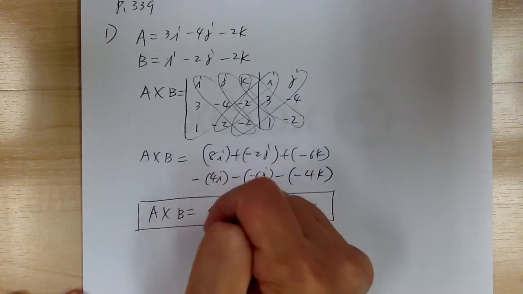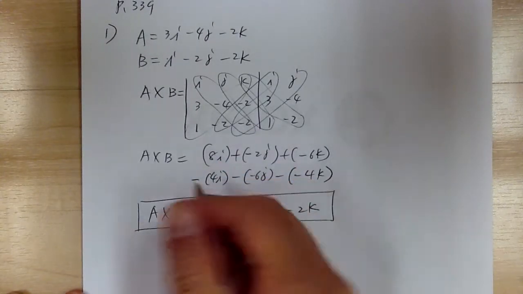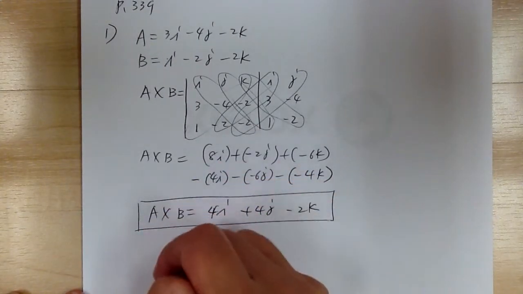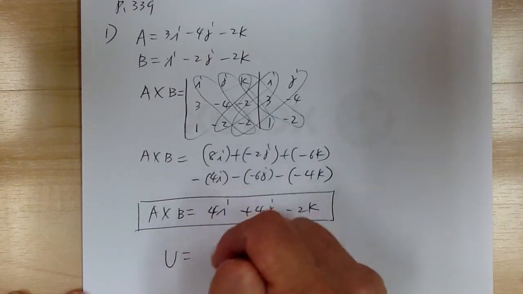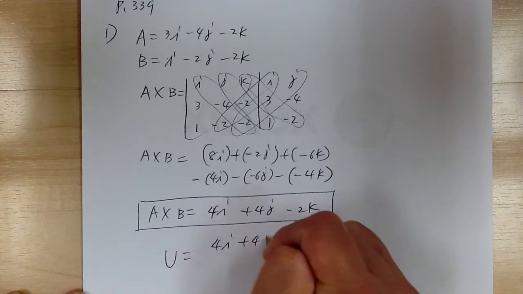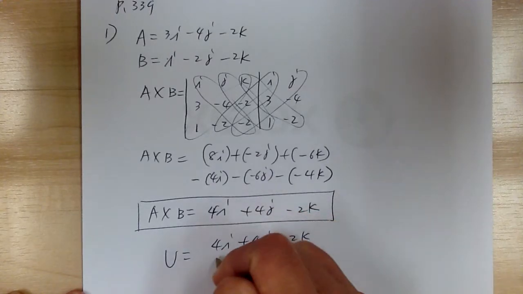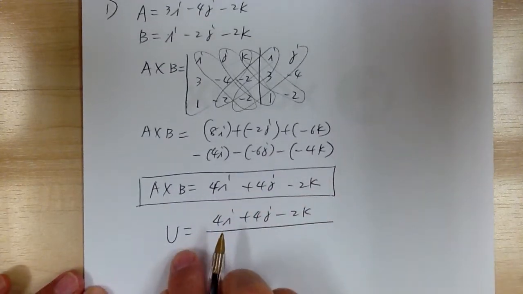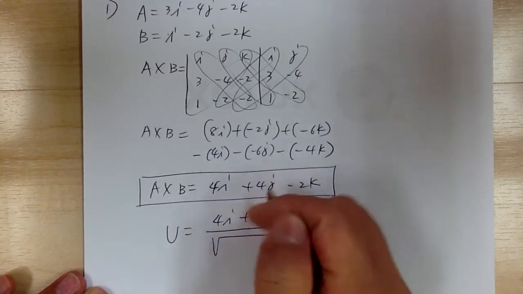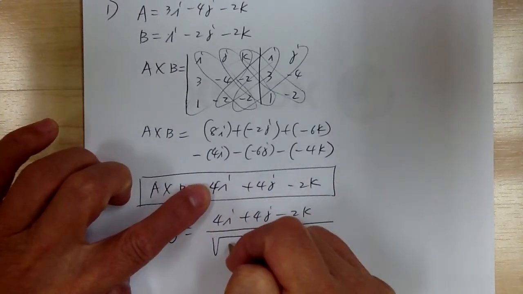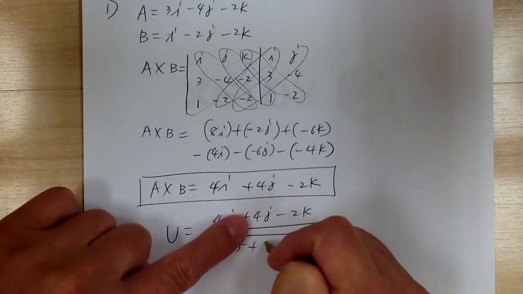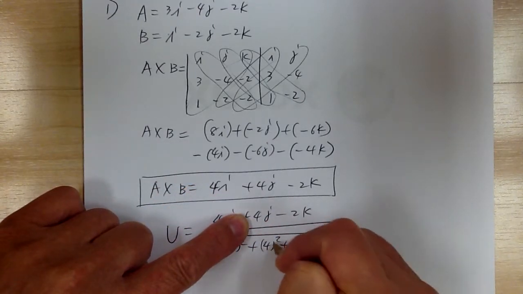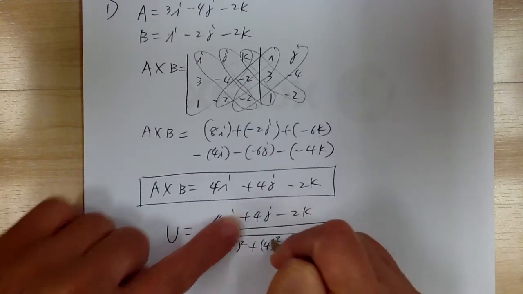And to do a unit vector, you just divide by its length to get a length of 1. So for the unit vector, first you get the correct direction, and to get the correct length, unit vector means length of 1, so you have to divide by its length. So you square that, square that, and square that.